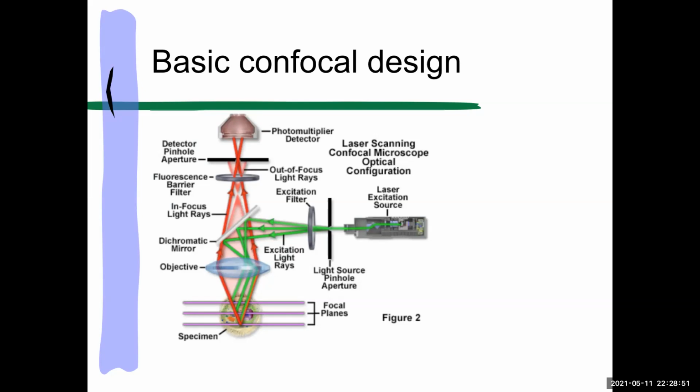So let's look at this diagram, and let's see if I can get the pointer to work. Nope, the pointer's not going to work today. Okay, so look down, there's a cell as a specimen, and they're showing you three focal planes through that cell. We just got done talking about resolution and how bad axial resolution is.